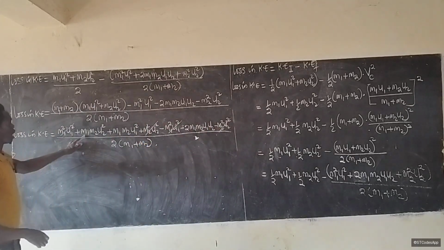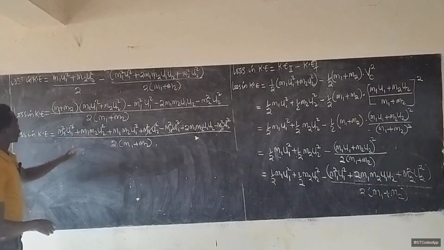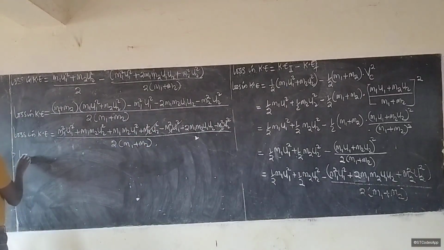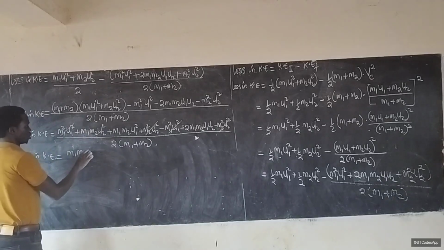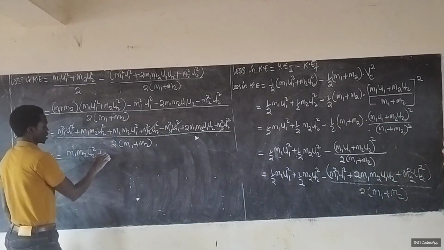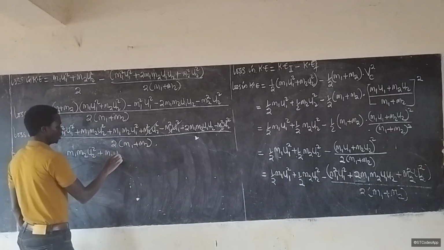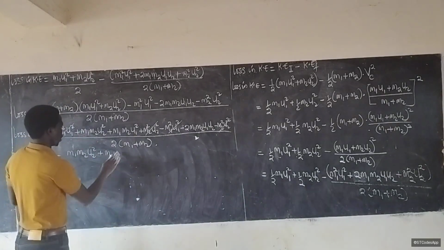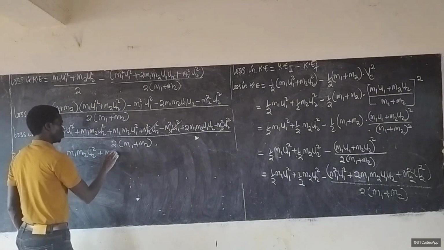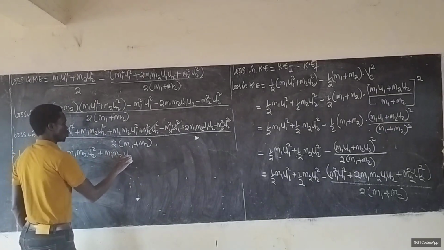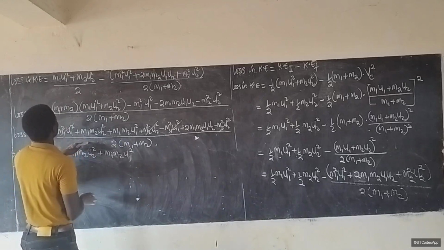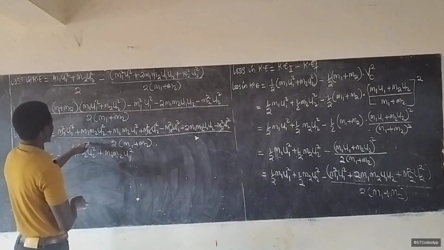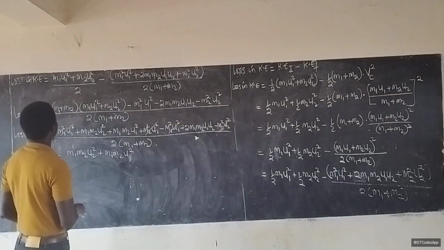So I'll have here loss in kinetic energy becomes now M1 M2 U2 square plus M1 M2 U1 square.